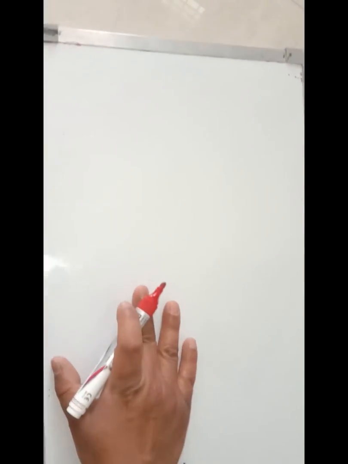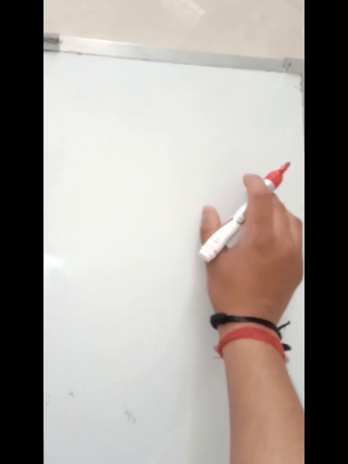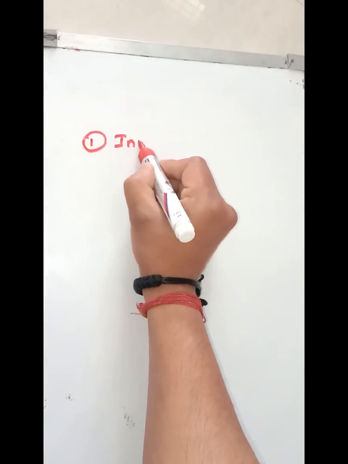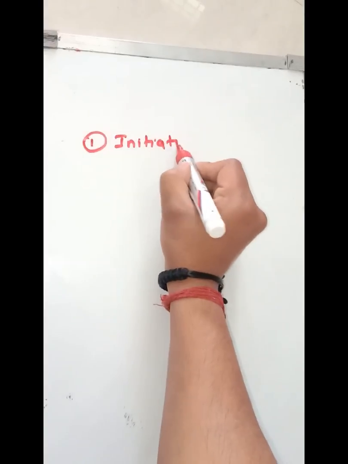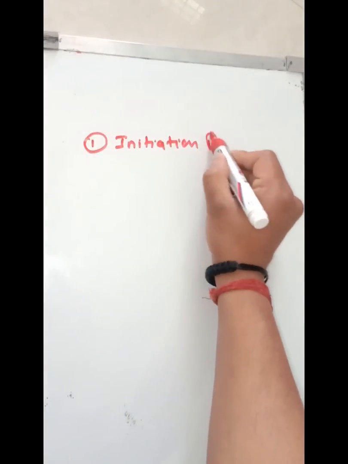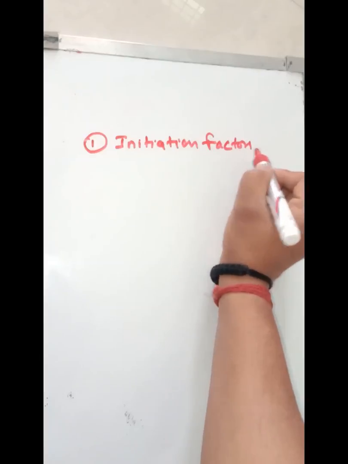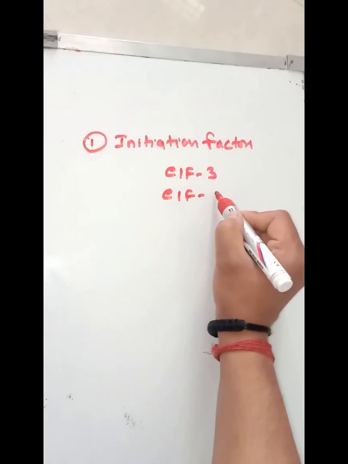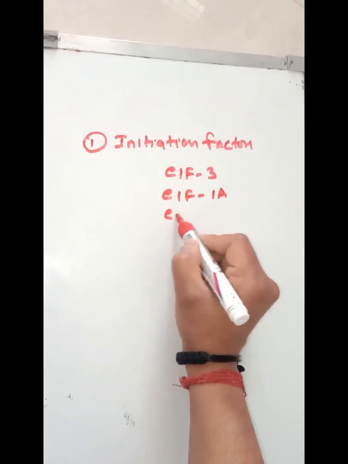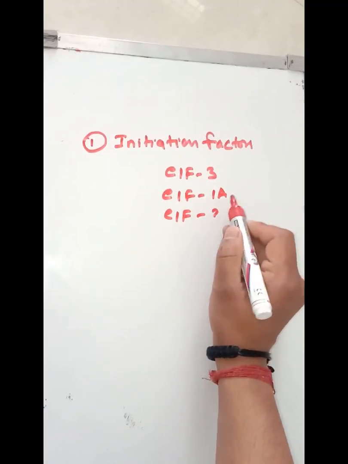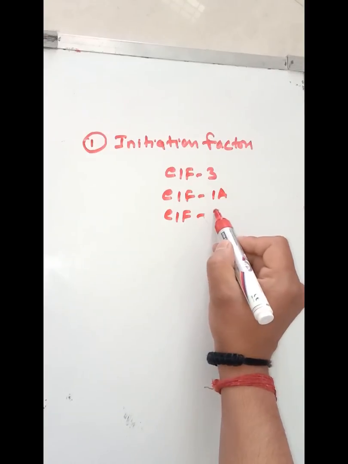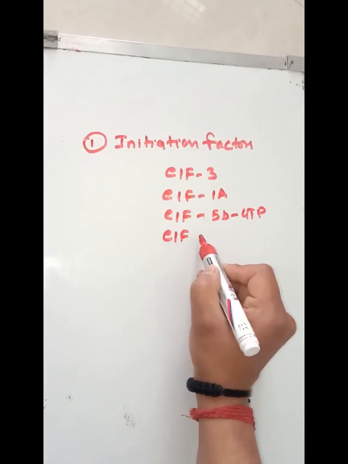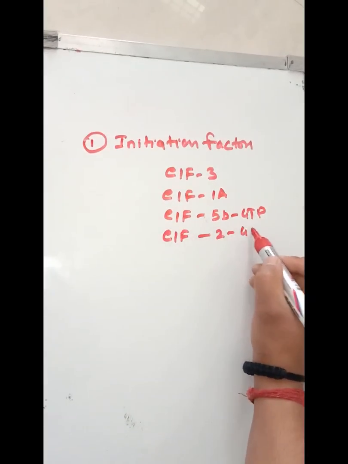So points to remember for initiation in eukaryotes. First, initiation factors: EIF3, EIF1, EIF5B. I'm writing in a sequence. 5B, which is linked with GTP, EIF2 GTP.